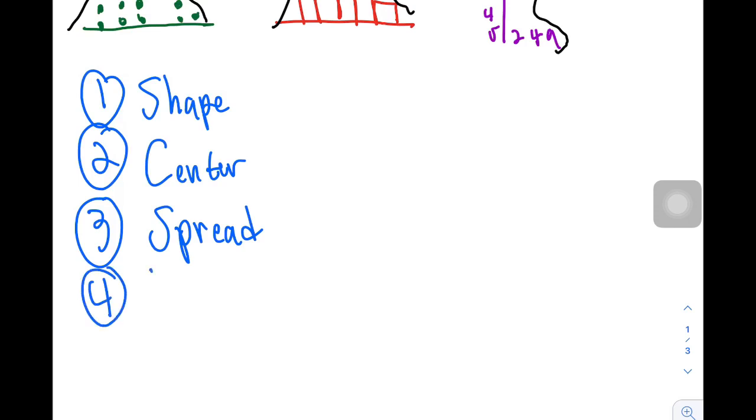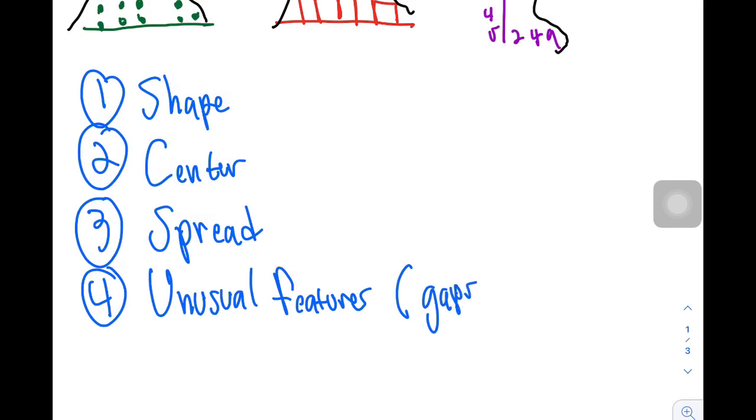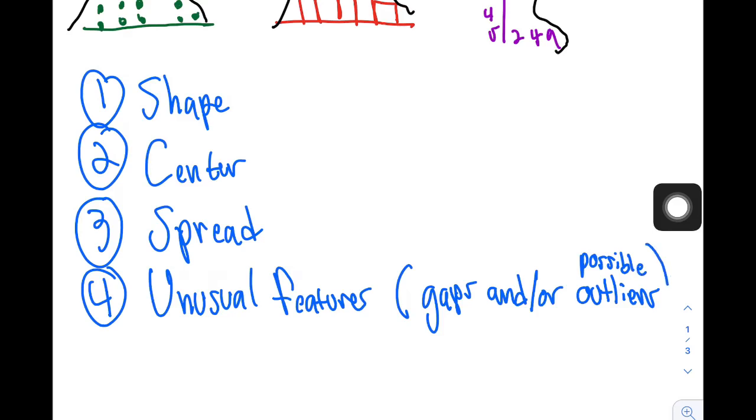So shape, center, spread. And then the last thing would be any unusual features. With the unusual features, we're just talking about two things. Do we have any gaps and or outliers? Actually, I'm going to say possible outliers.